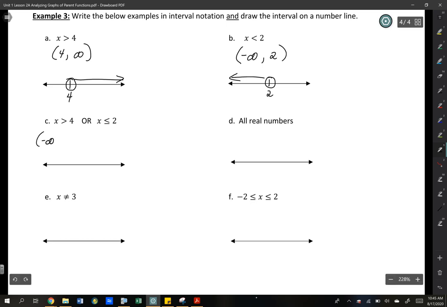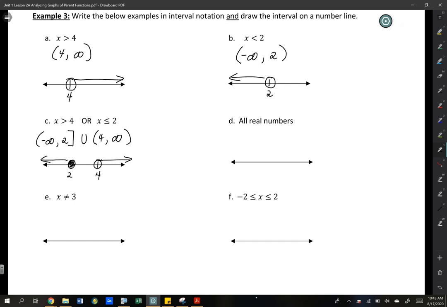So we want from negative infinity to 2, including 2, or union from 4, not including 4, to infinity. And then we'll do our number line. We've got 2 and 4 represented. So we want everything including 2 and before it, and everything from 4 not including 4 to infinity.